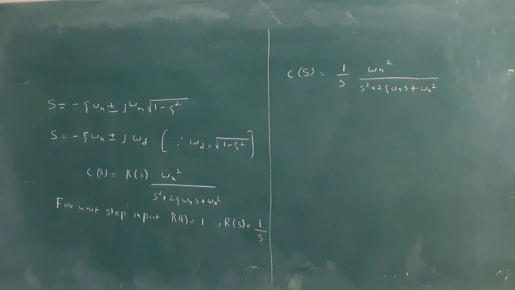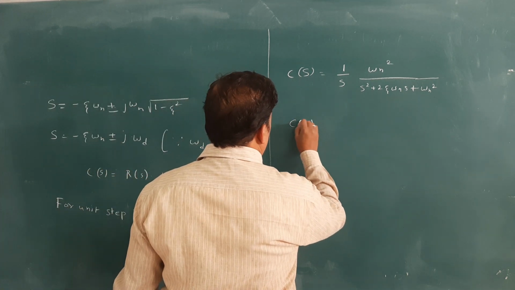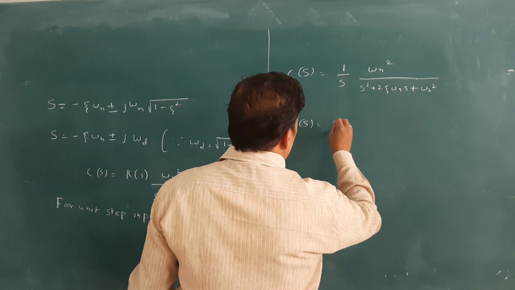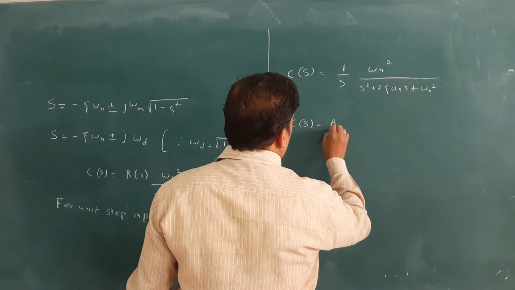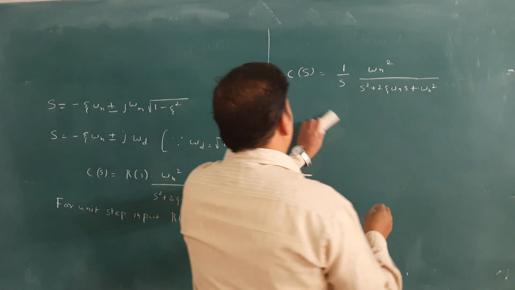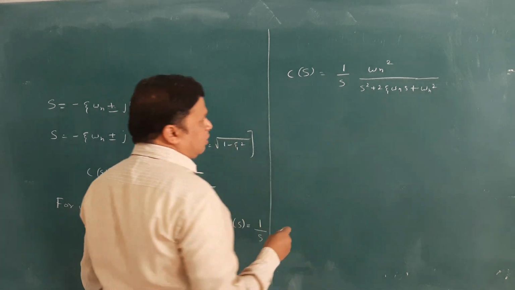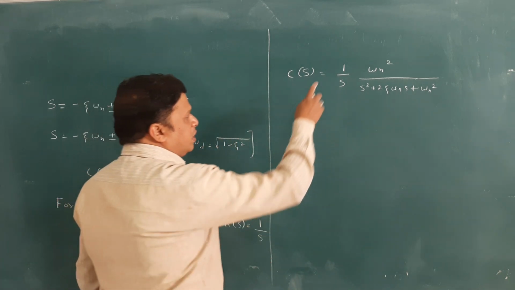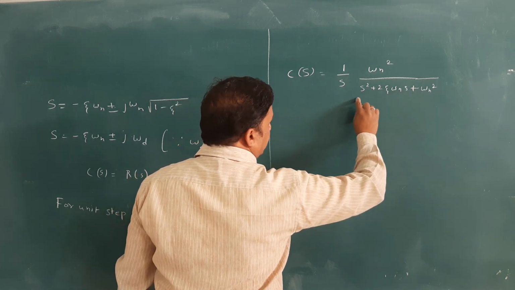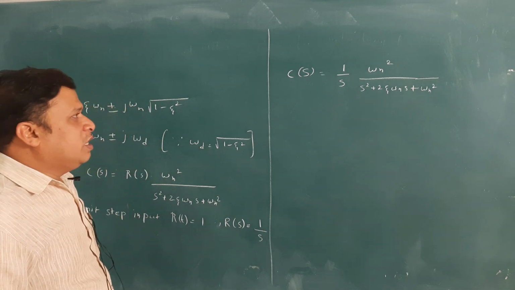So what type of partial fraction can we convert it into? This expression, 1 by s into omega n square by s square plus 2 zeta omega n s plus omega n square, has one linear factor and one quadratic factor.